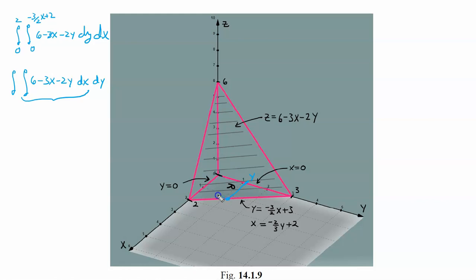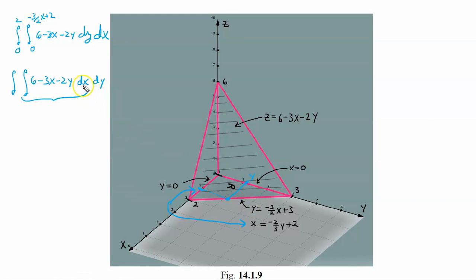That point depends on what y is chosen to be, and it's given by the equation of this curve, and you see x equals -2/3 y plus 2. So this point right here on the x-axis is going to be -2/3 y plus 2.